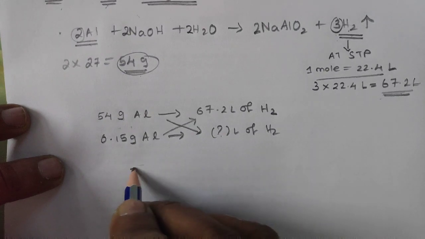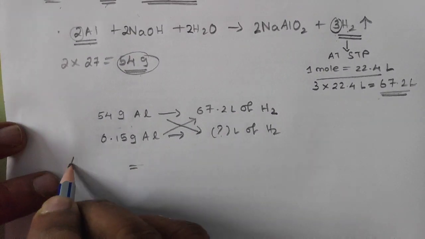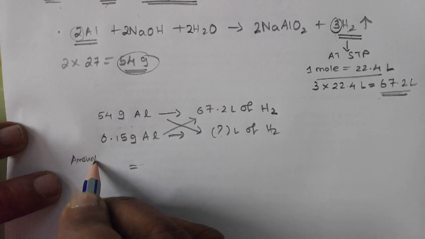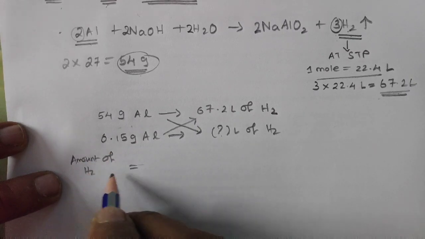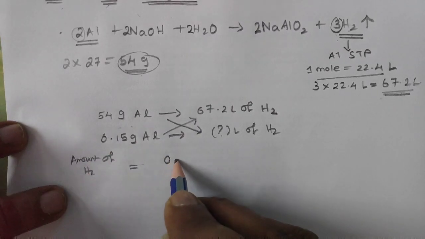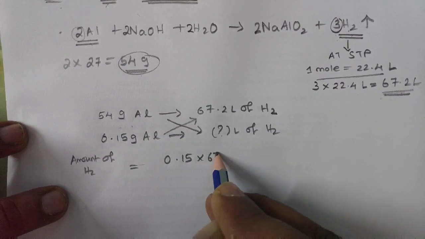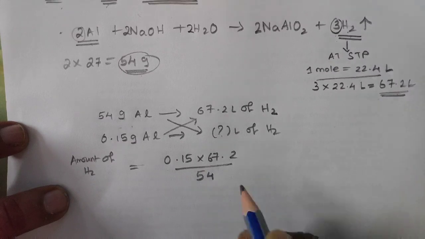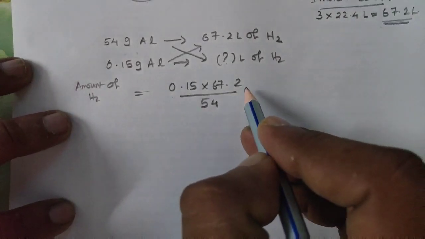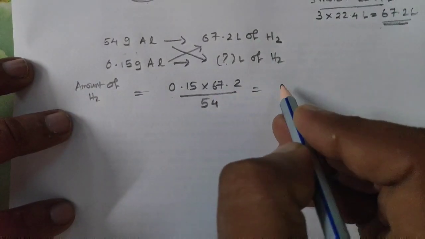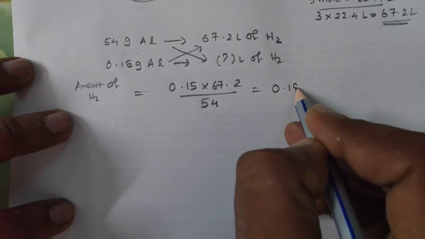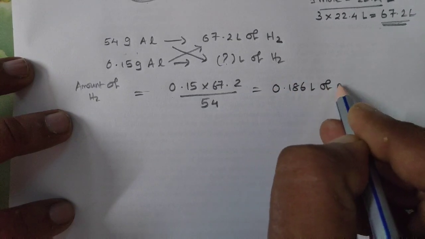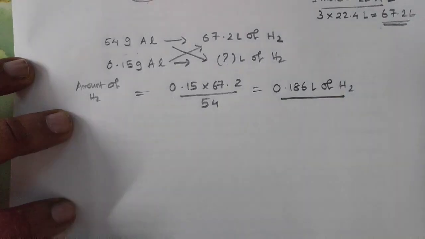So what you will get? Therefore the amount of H2 liberated will be equal to 0.15 into 67.2 divided by 54. If you calculate this, you will get 0.186 liter of H2, right?